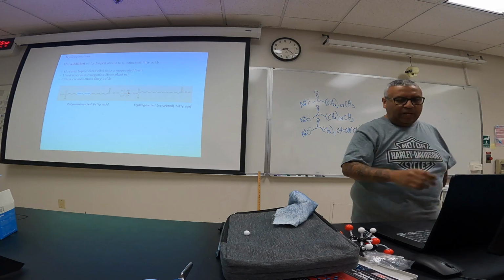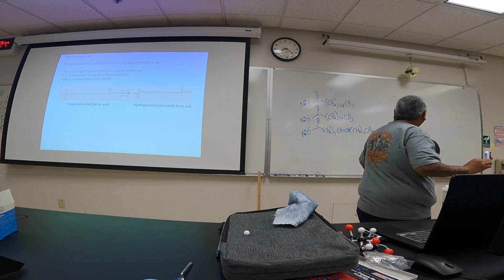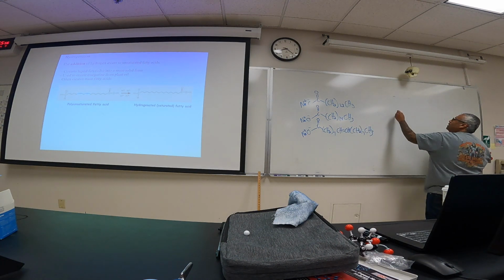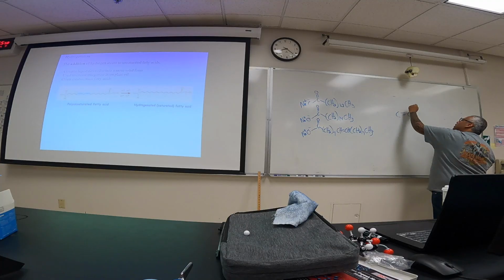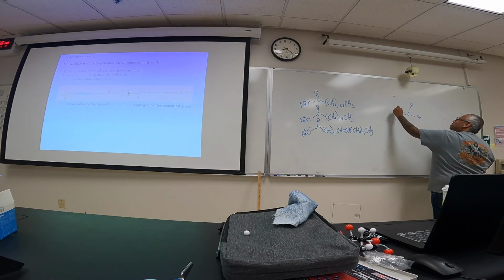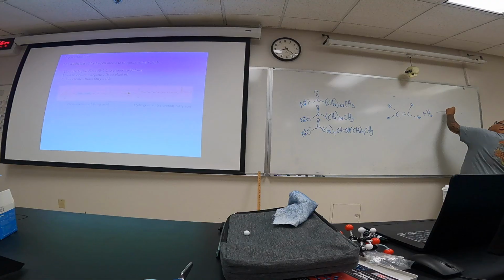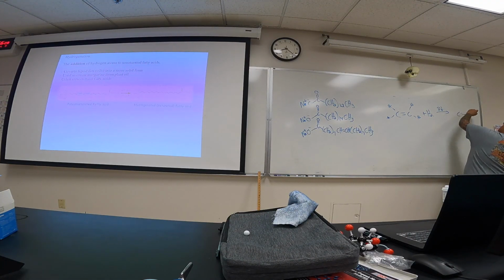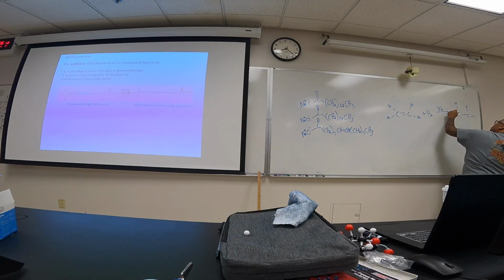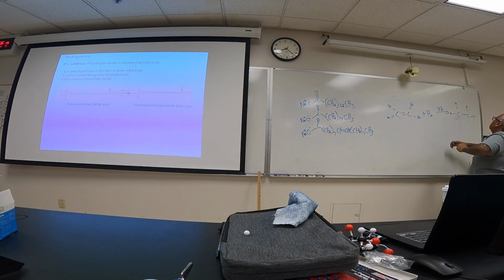So we know what hydrogenation is. Remember, hydrogenation is an addition reaction. We have this double bond here. We're going to add hydrogen gas across that double bond. Let's use palladium there. So we break this double bond, and then we add hydrogen across it.